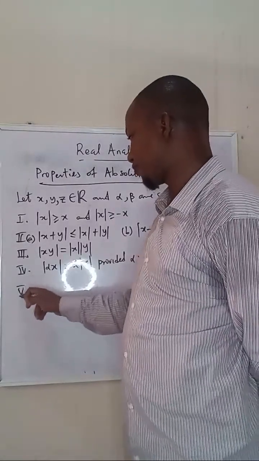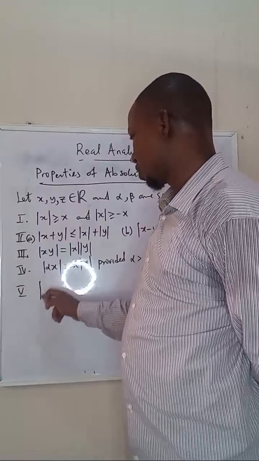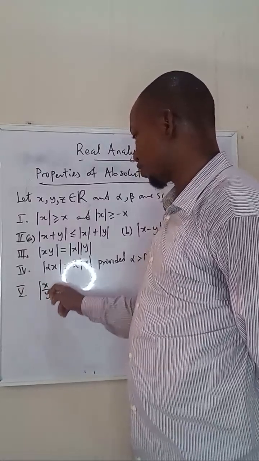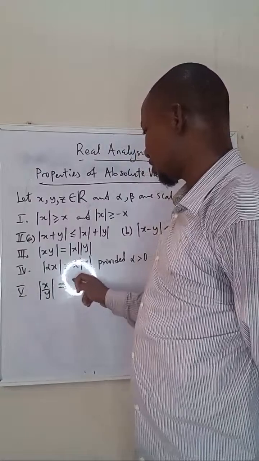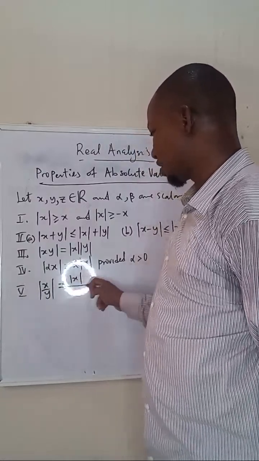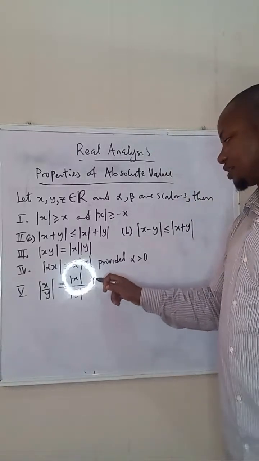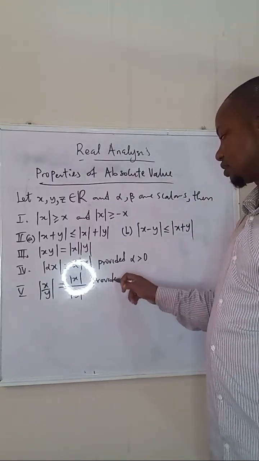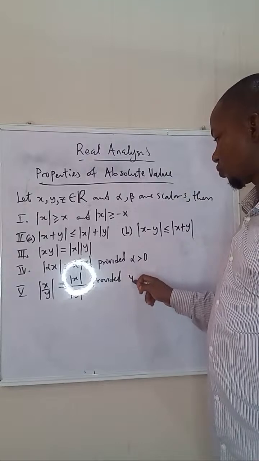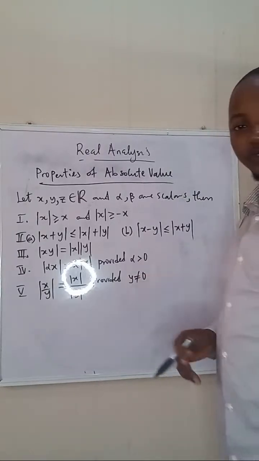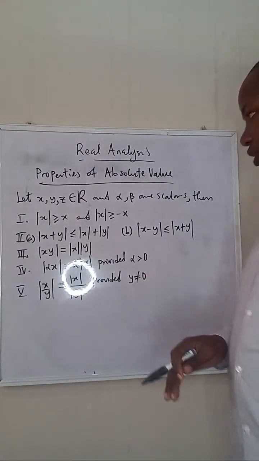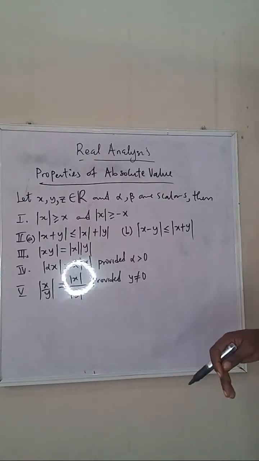And number 5, we can also have the division form that says we can split this like this, also provided the denominator y is not equal to 0. So this is the 5th property.